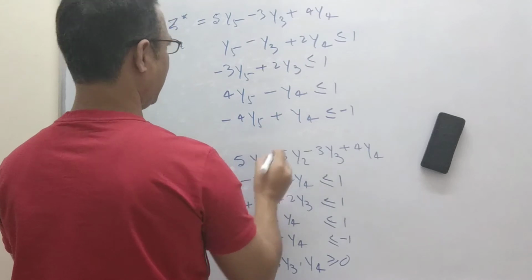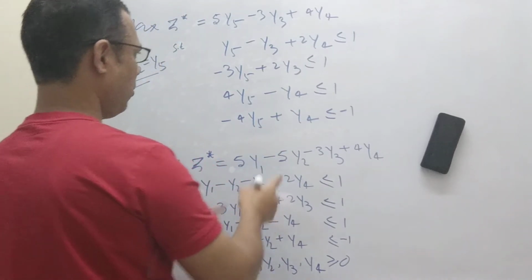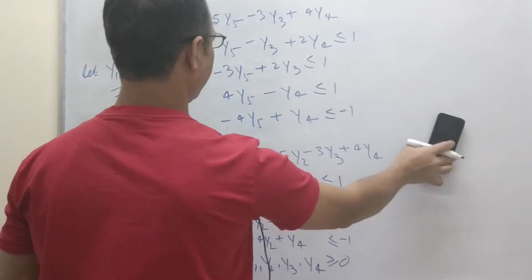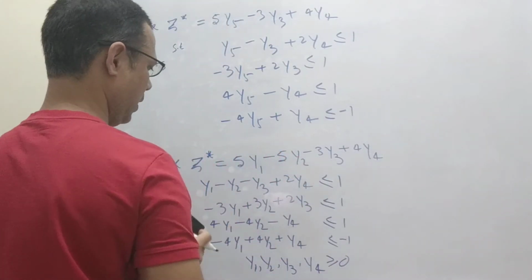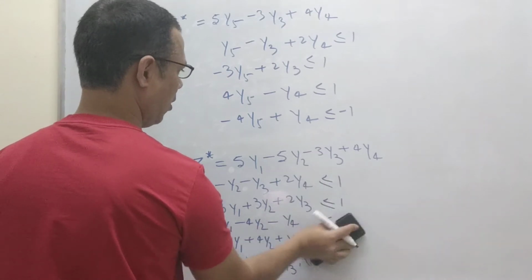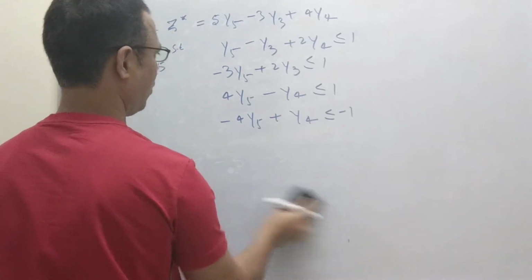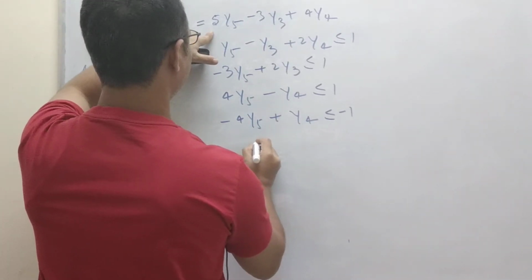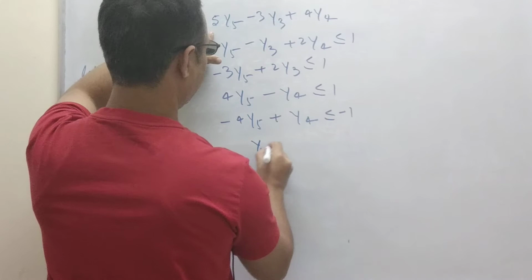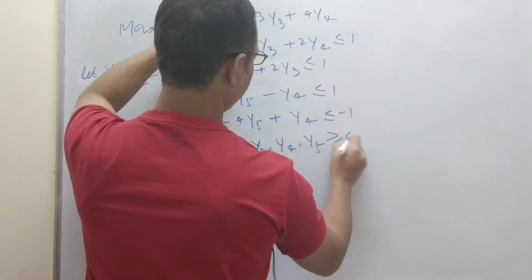Now we can see how many variables are here. Here the variables have got reduced. So over the condition we will see how many variables we have got. Now the variables have got reduced: y3, y4 and y5 greater than or equal to 0.